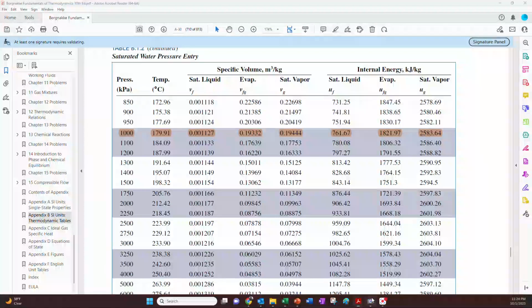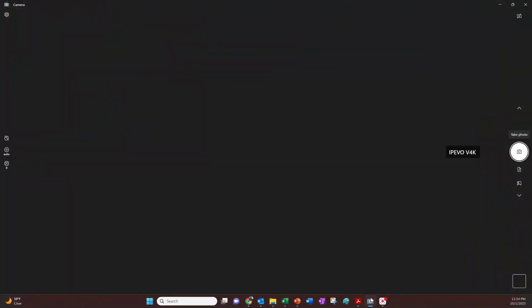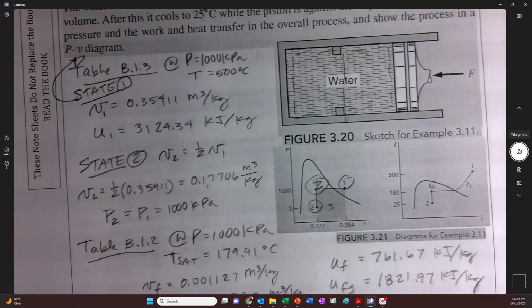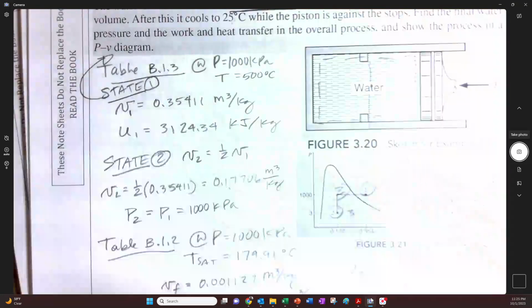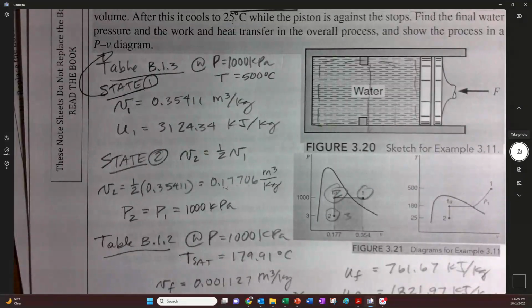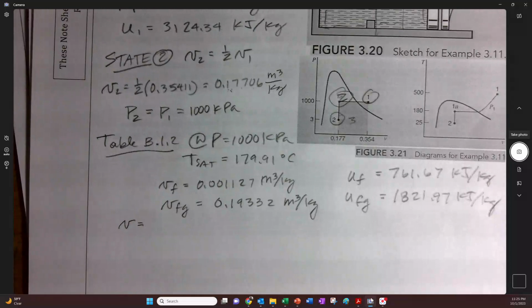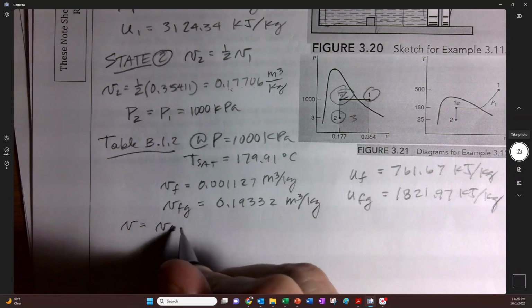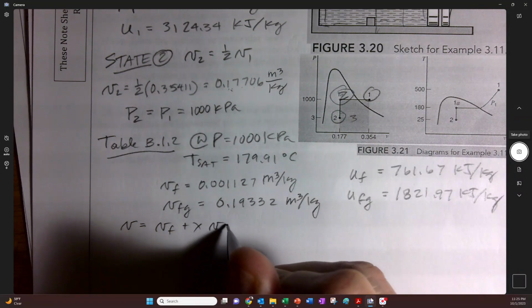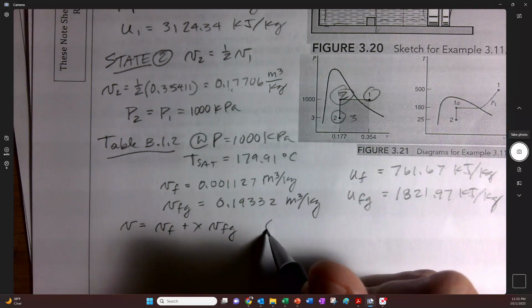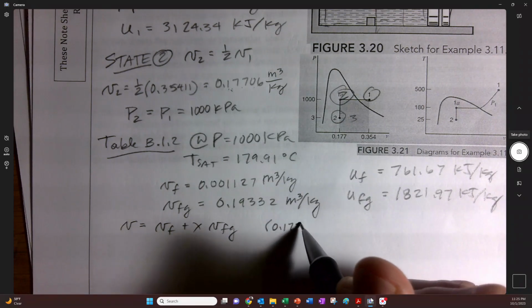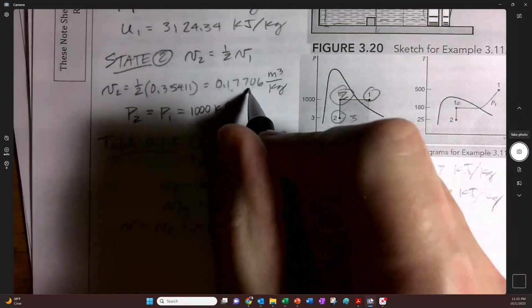All right, so let's get the quality. V is equal to VF plus X VFG. So that's going to be 0.17706 from there.